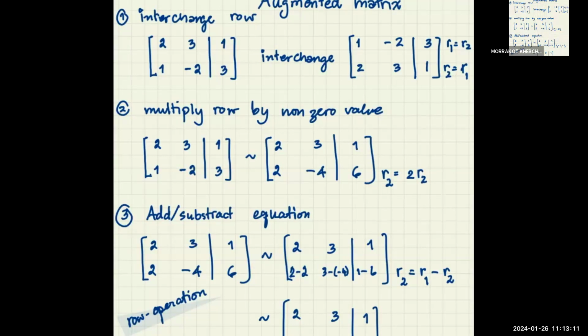And the third one is you can add or subtract any row, okay? Any row. The solution does not change. By using these three operations, we say that you have an equivalent system. An equivalent system means you have the same solution, okay?